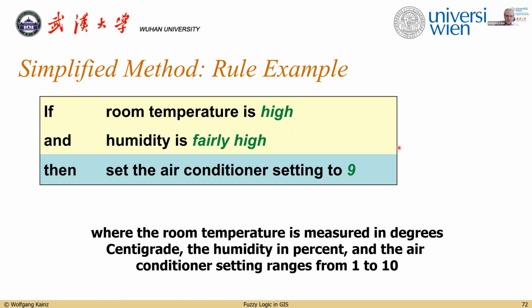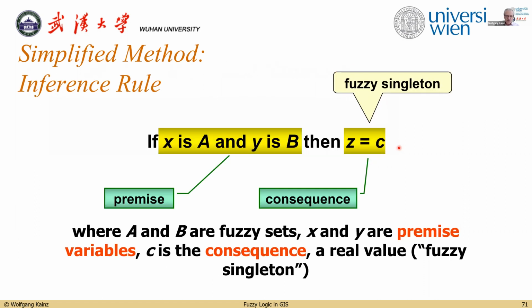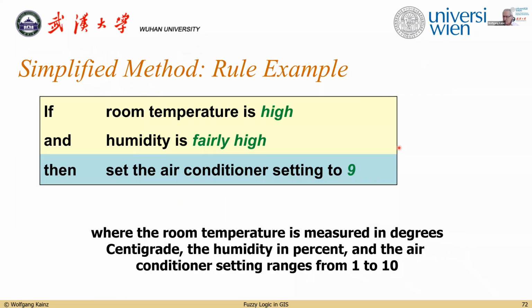Now, we have shown here rules with two variables in the premise, A and B as fuzzy sets and x and y as the premise variables, but we can of course also use fewer or more variables.